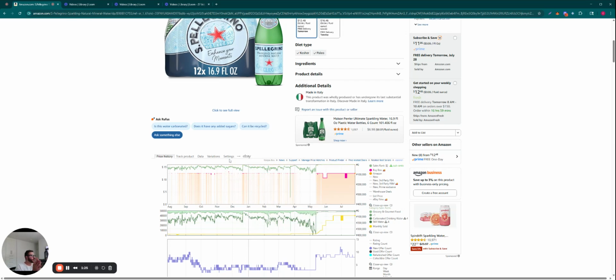The two most important things you're going to want to look for on Amazon when you're looking at this graph are the sales rank and the buy box, amongst other things we'll get into later. The sales rank tells you how popular this item is and how quickly it's going to be moving.